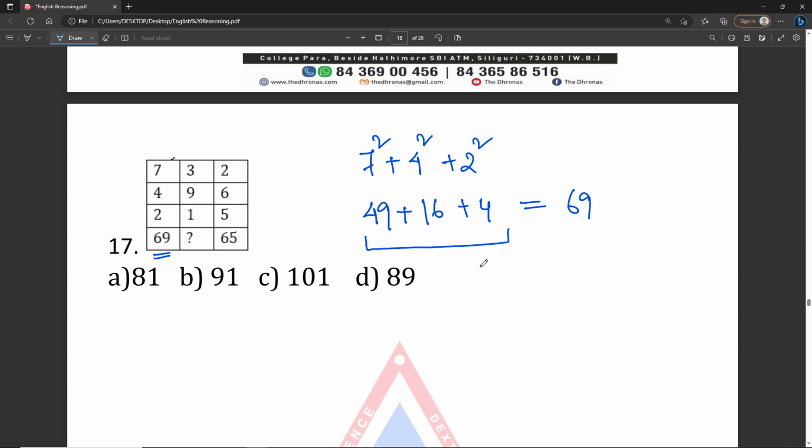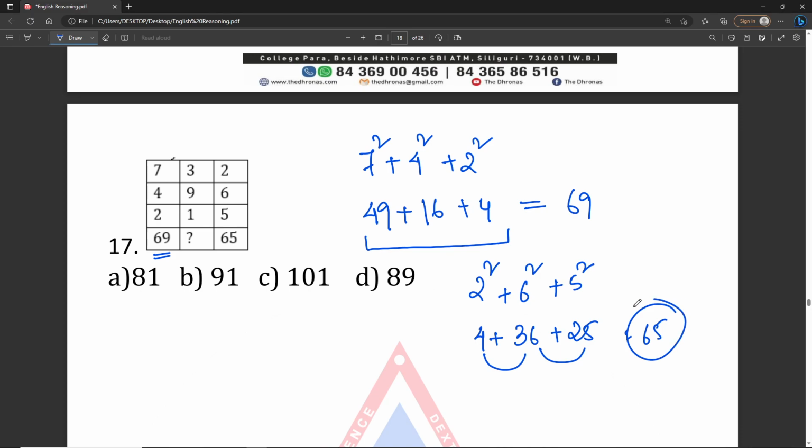Let's check the next one. 2 square plus 6 square plus 5 square, that is 4 plus 36 plus 25. 4 plus 36 is 40, 40 plus 25 is 65. That means this question states that all the numbers are squared and then added.